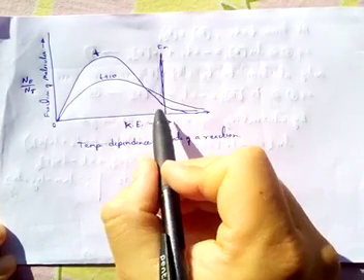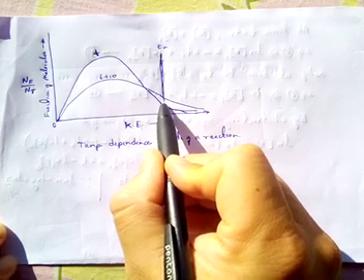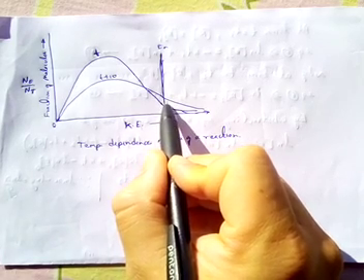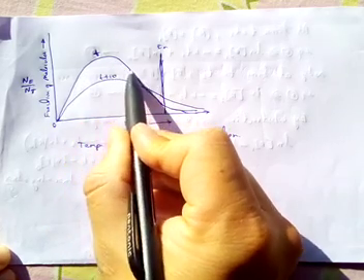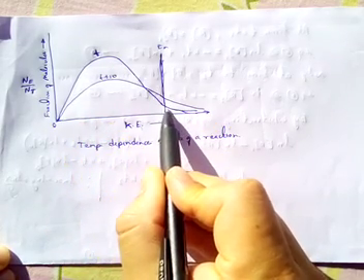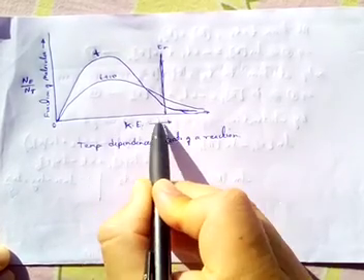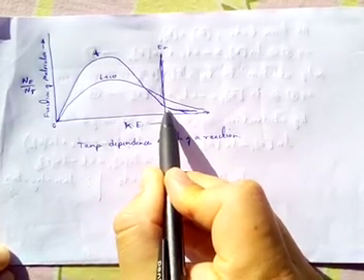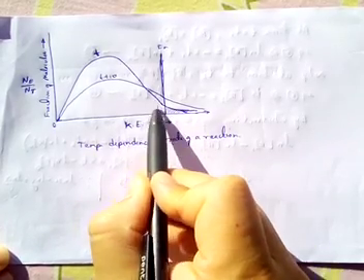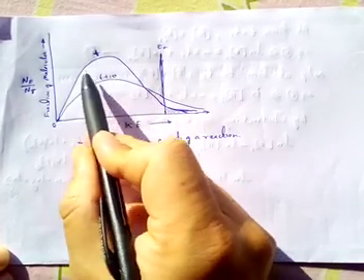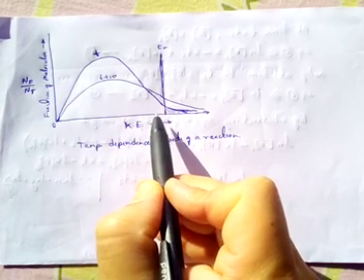All the molecules which cross this activation energy can form the product. First we look at this curve. All the molecules which cross this kinetic energy undergo a reaction, and all the molecules here do not undergo reaction because they do not have sufficient kinetic energy to form the product.